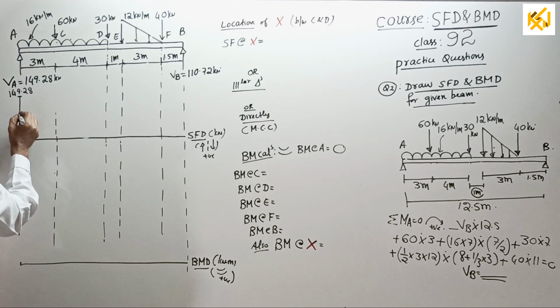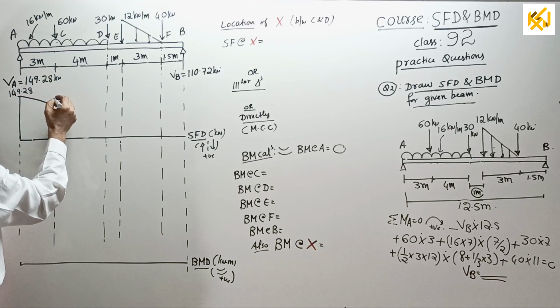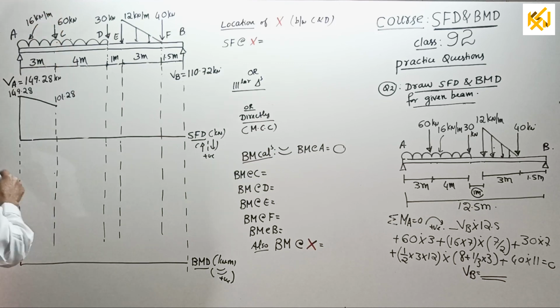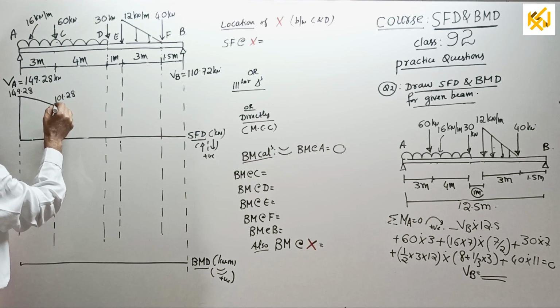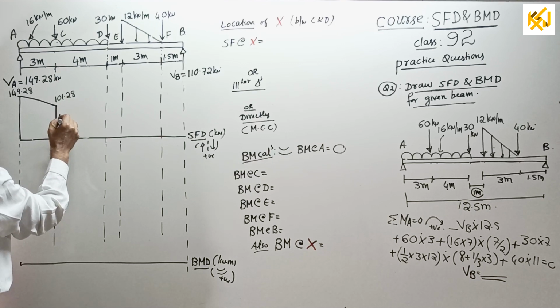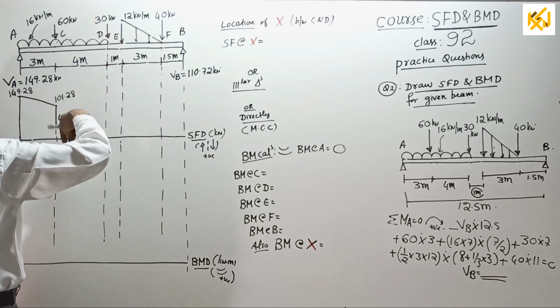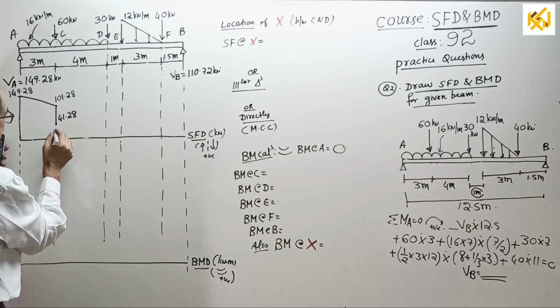See, 149.28 is around somewhere here, on some scale. 101.28, come down by 60, minus 60, gives 41.28, maybe somewhere here. From here to here, down by 16 into 4, minus 16 into 4, gives 22.72, that is, half of that value.